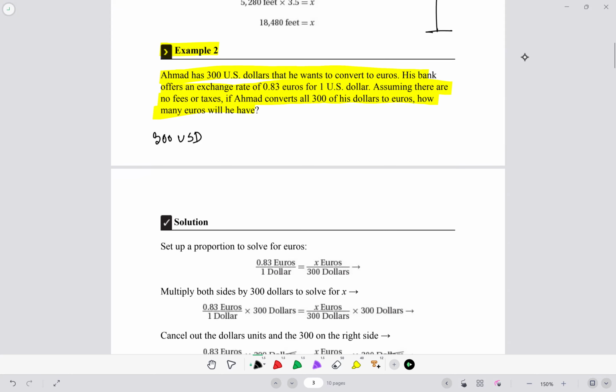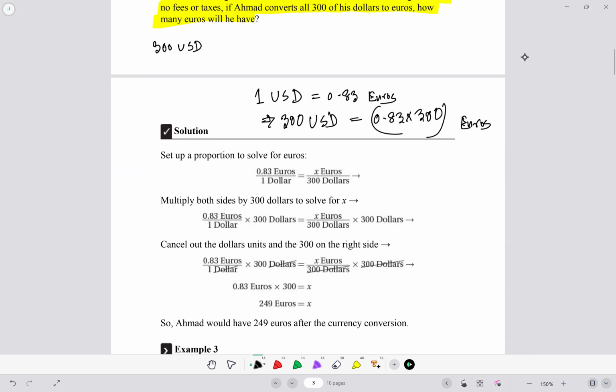If you want to solve this problem, you just need to write some equations. 1 US dollar is equal to 0.83 euros, so 300 USD is equal to 0.83 times 300 euros.